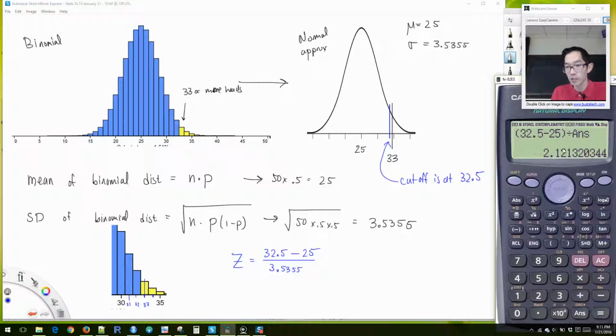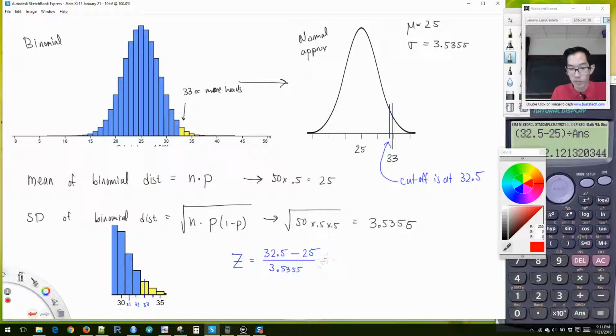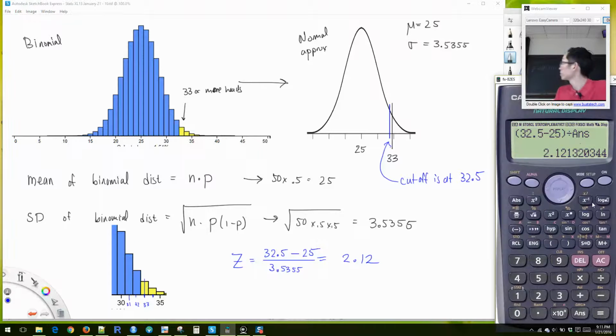And so I get a z-score of 2.12. So z is equal to 2.12. Is that okay?